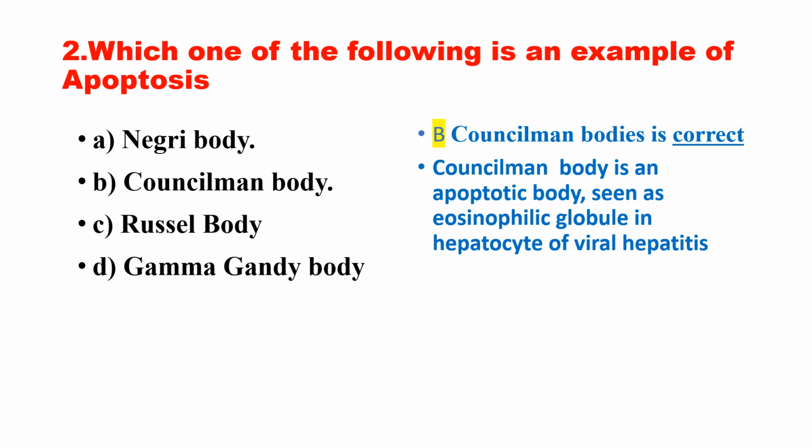Now the Councilman body is an apoptotic body seen as eosinophilic globule in hepatocytes of viral hepatitis. So apoptosis can be pathological as well as physiological. Now this is an example of pathological apoptosis in viral hepatitis.